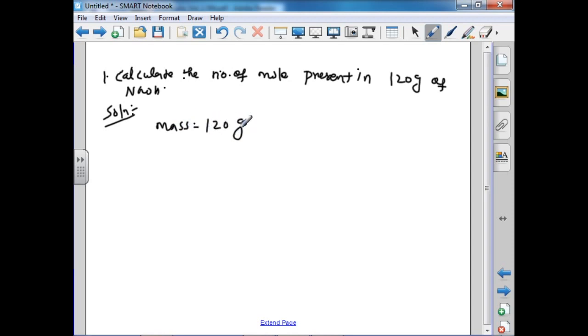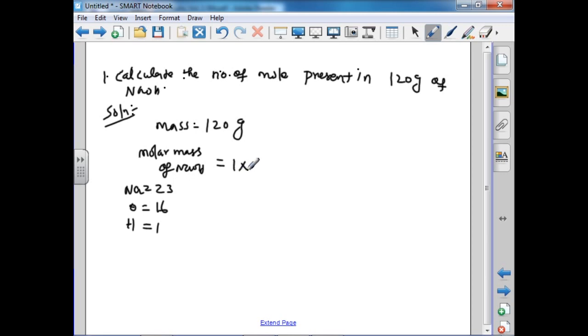Next one, the number of mole formula: the given mass divided by molar mass. Molar mass of NaOH equal to relative atomic mass of sodium 23, oxygen 16, hydrogen 1.